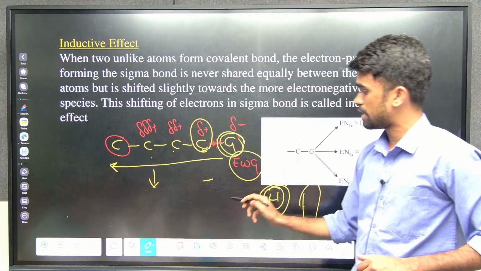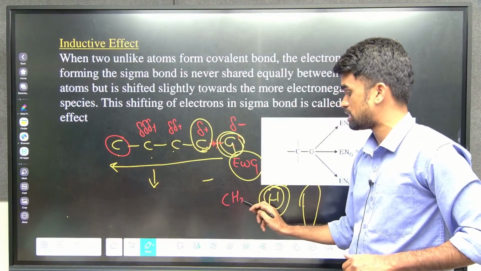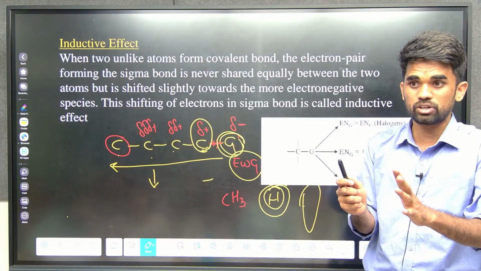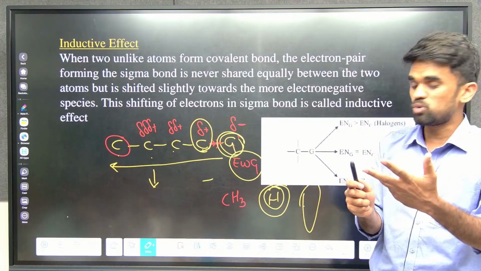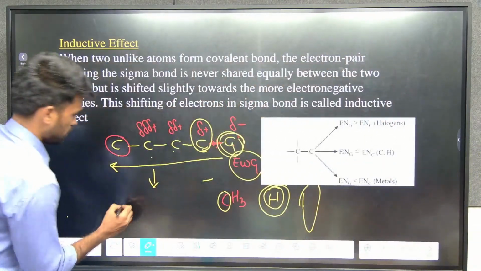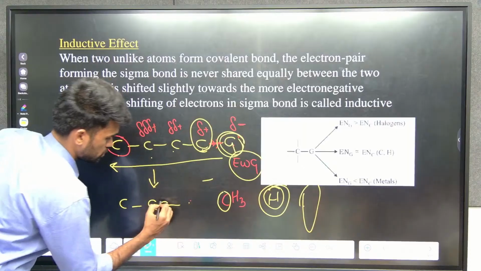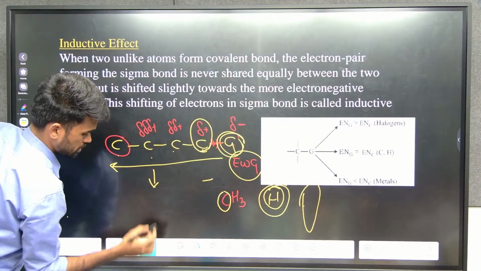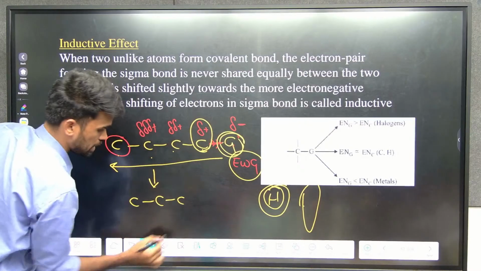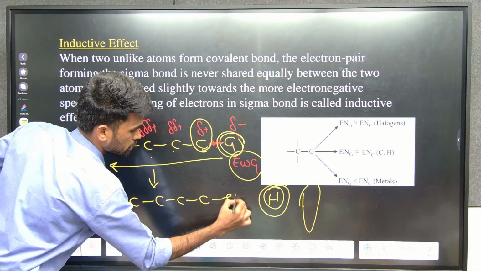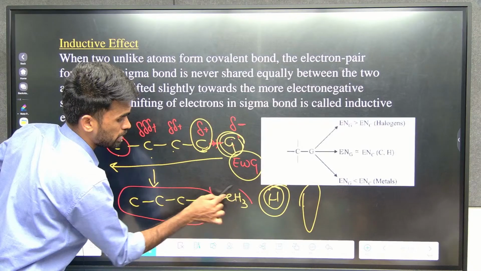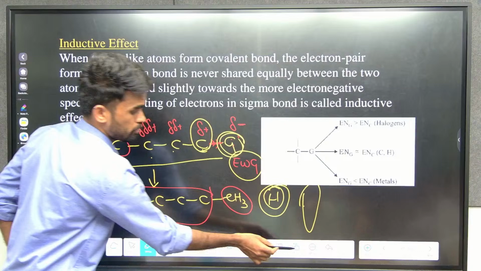Now, in a carbon chain, carbon has hydrogens attached. Between carbon and hydrogen, carbon is more electronegative. So definitely carbon acts as a negative center. This is a carbon chain. Try to understand why I am saying alkyl groups are plus I groups, electron releasing groups. In the place of G, I have mentioned a methyl group, let us consider it as an alkyl group.